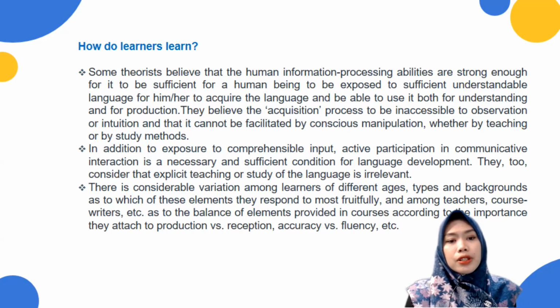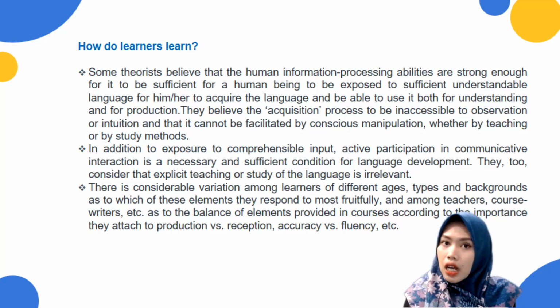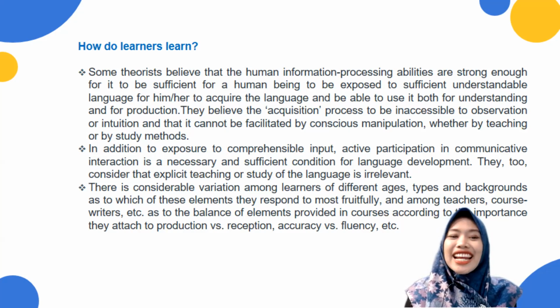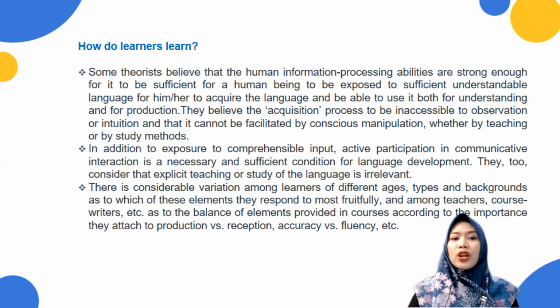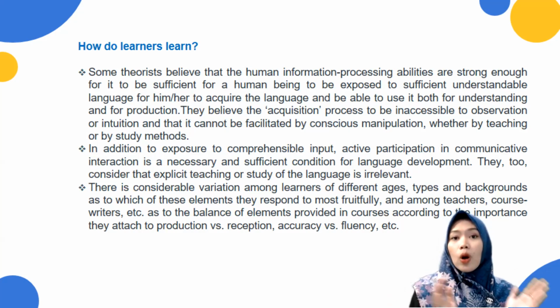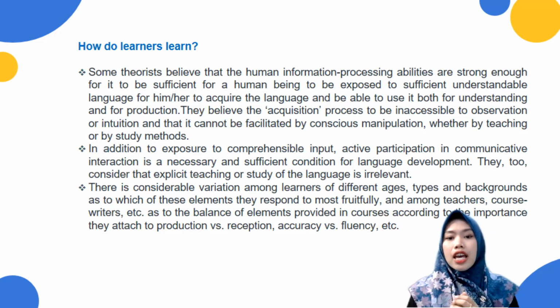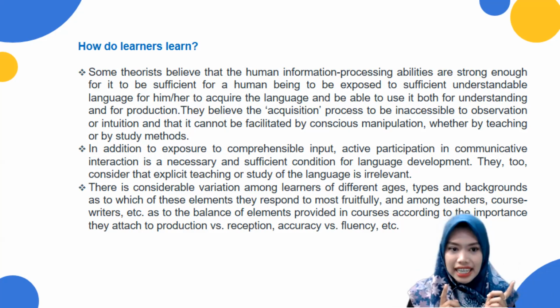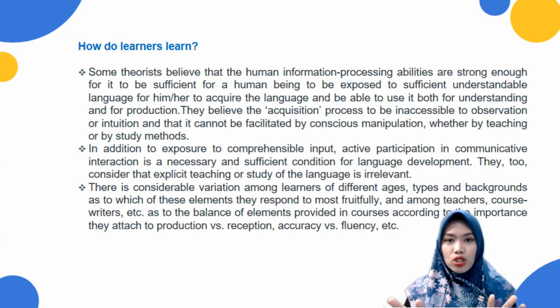Next, how do learners learn? Some theorists believe that human information processing abilities are strong enough for it to be sufficient for a human being to be exposed to sufficient understandable language to acquire the language and be able to use it both for understanding and for production.